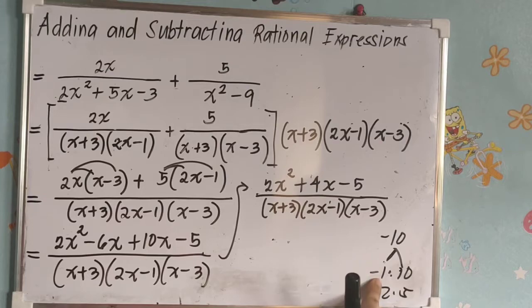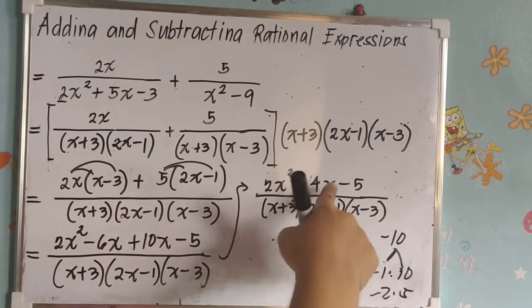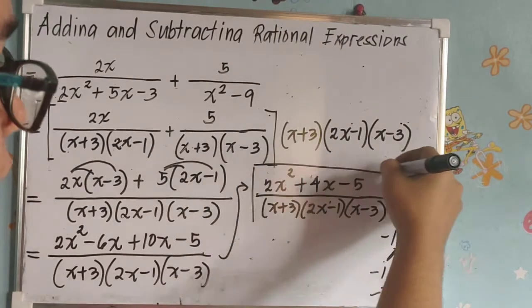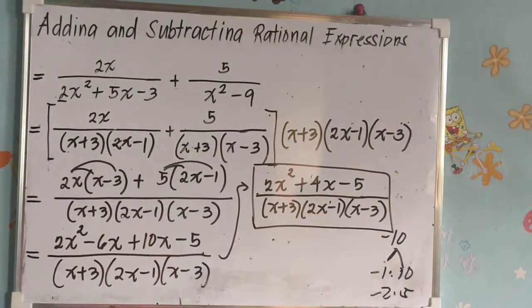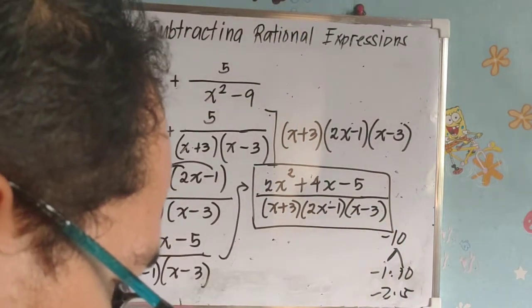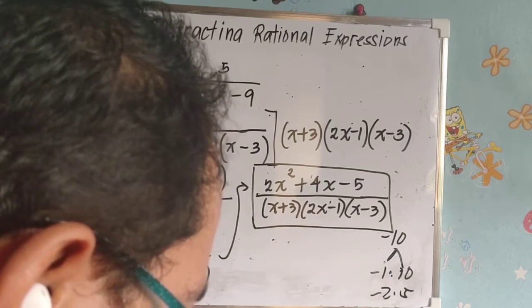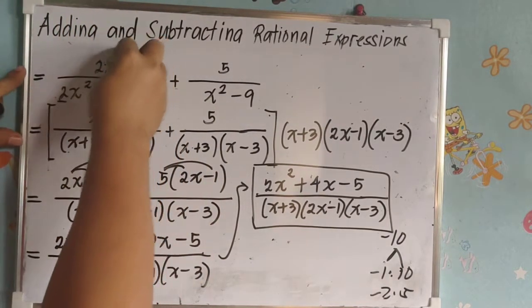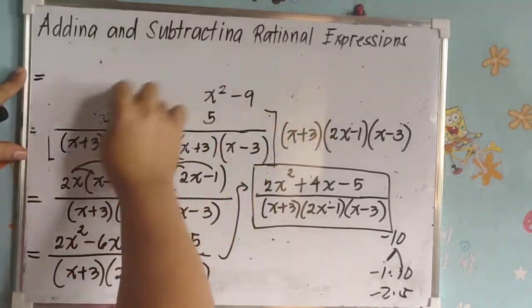So negative 1 plus 10 is 9. It will never be 4. Negative 2 plus 5 is 3. It will never be 4. So therefore, this is now the final answer. Okay? That's it.